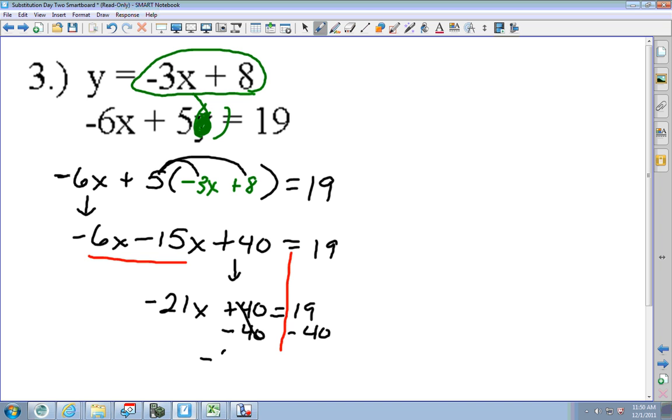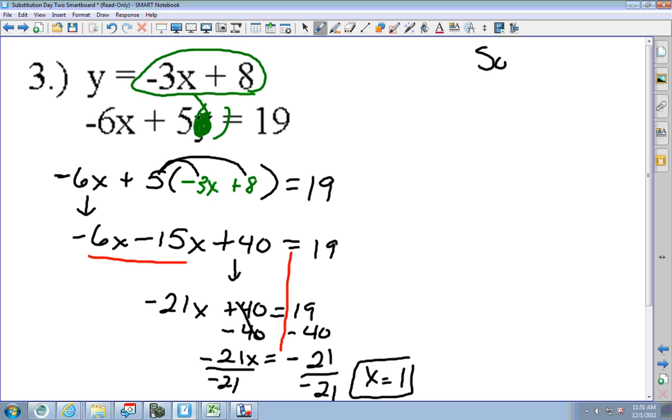I get negative 21x equals negative 21, right? Divide by negative 21. What does x equal? X equals 1. My solution, I am not done. All I have is half of it. I need to find the y.